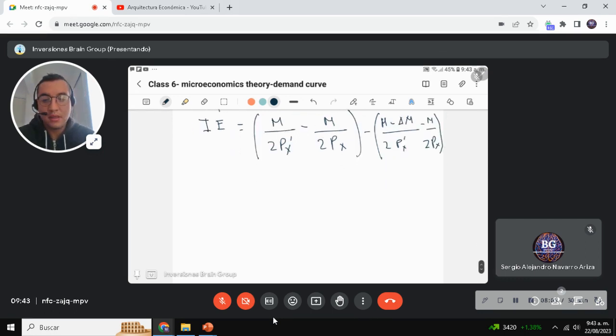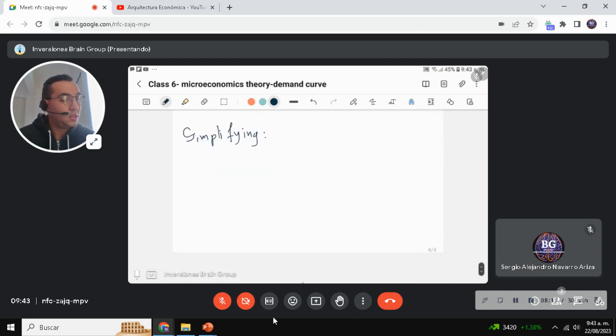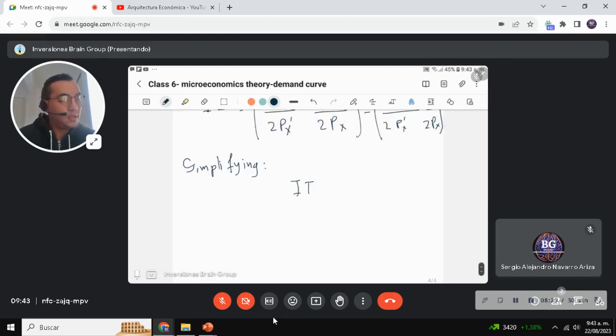Simplifying, income effect equals variation m divided by price prime x. Looking ahead, the variation m we calculate here is known as the compensating variation.